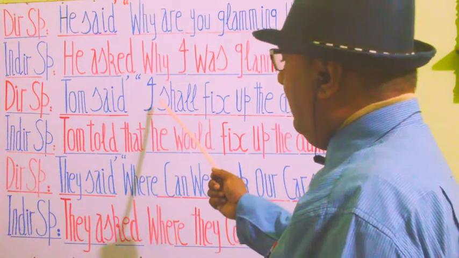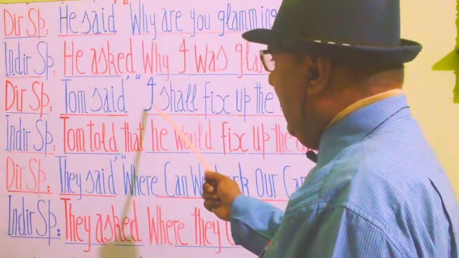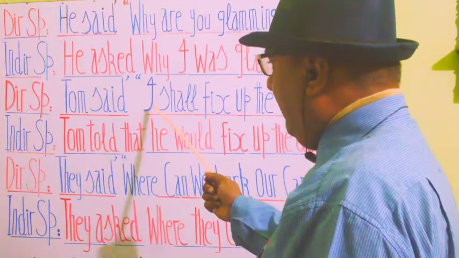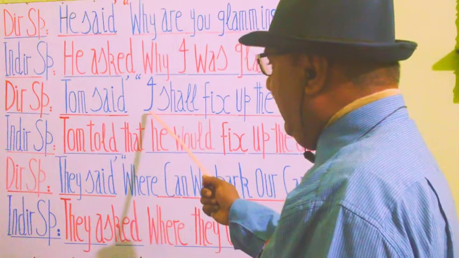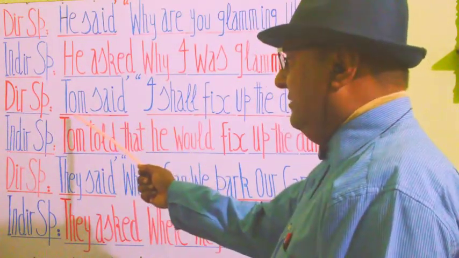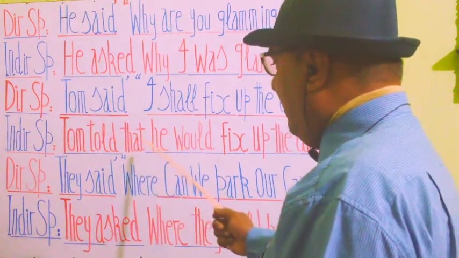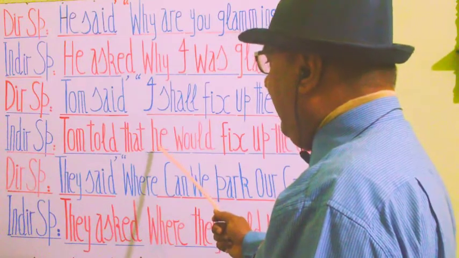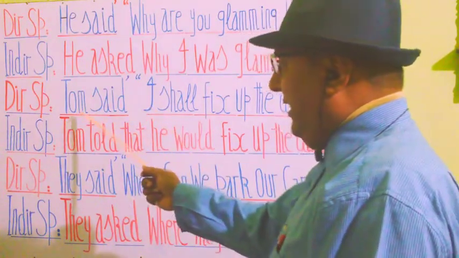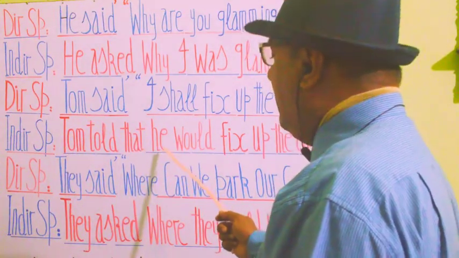Now we come to the subject in that phrase, I. I is the first person pronoun. By rules, it's going to be replaced by the outer subject, that is Tom. So we will write Tom's pronoun he here, because we require he. Tom told that he.